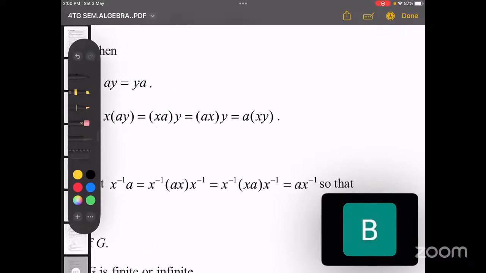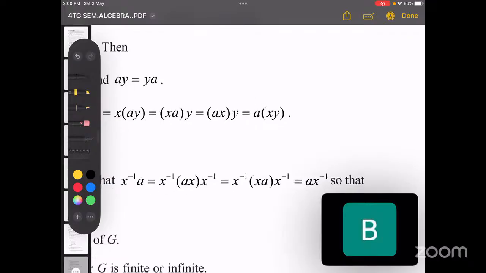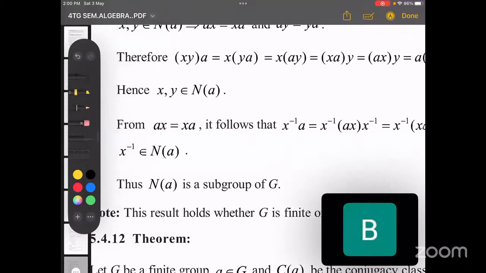So what will happen? This is A into X inverse. X inverse into X will become E. So what will be left? A into X inverse will be left, so that X inverse belongs to N of A. So whatever X inverse is there, it belongs to N of A. Thus, N of A is a subgroup of G.